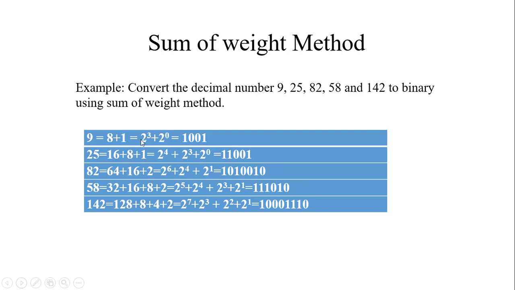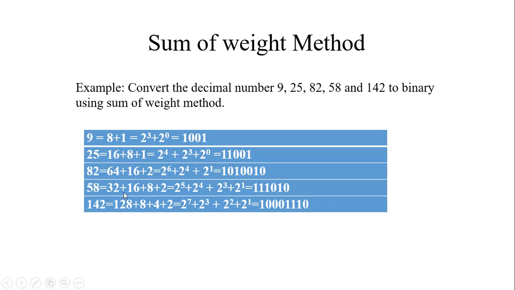The weights start from 0 up to 3. We have the weight of 2 raised to power 0 and 2 raised to power 3, but 2 raised to power 1 and 2 raised to power 2 are not present. That's why for those weights we place zeros, and for the weights which are present we place 1. So this is the bit for 2 raised to power 3 weight, and this one is for 2 raised to power 0 weight.